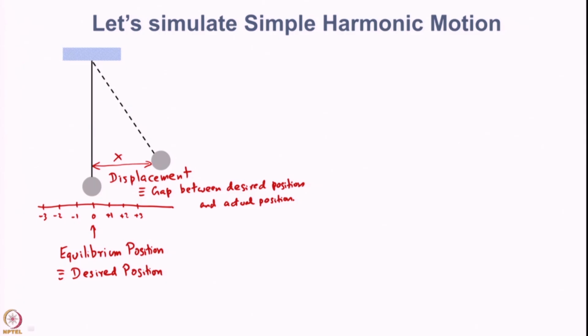Right. Now, based on this description, we can safely say that we need to define position as a stock. So, we are going to keep track of this position as a stock.